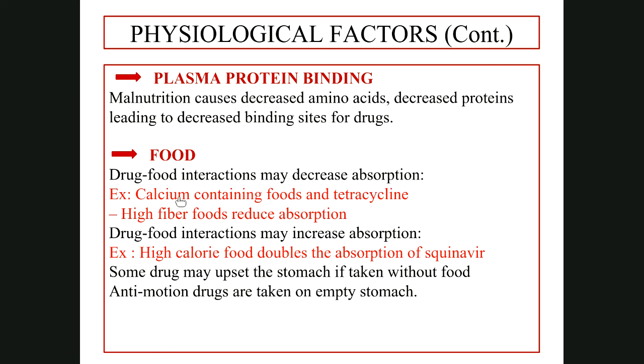High fiber foods also reduce the absorption of drugs. Some food and drug interactions may increase the absorption. If high calorie food is taken, you already know what high calorie food is, right? It will double the absorption of saquinavir. Saquinavir is an antiretroviral drug.